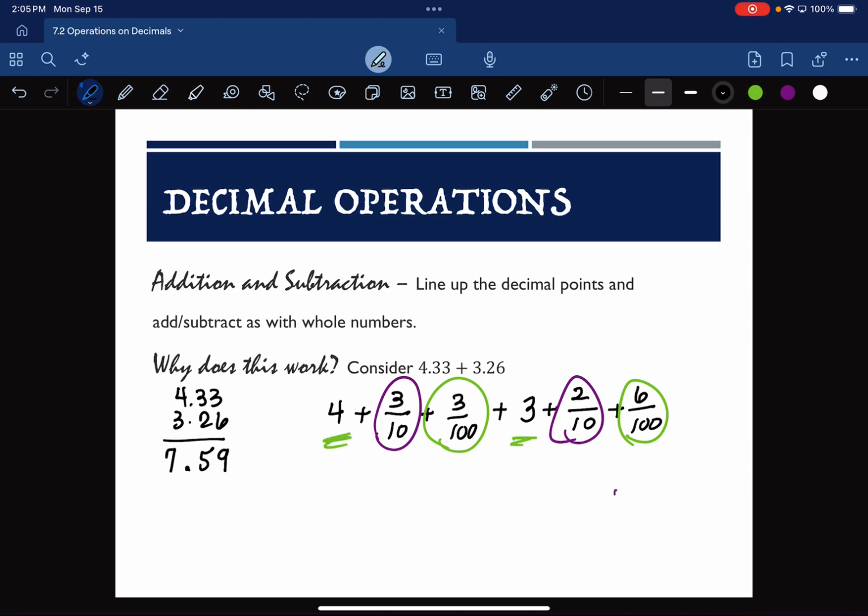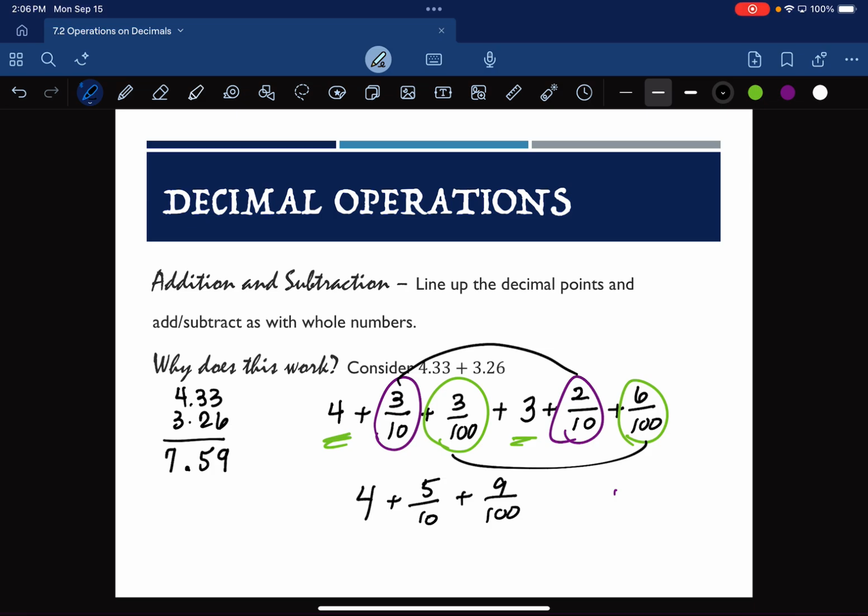These numbers don't have any carrying or borrowing, so we don't have to worry about that. The 4 plus 3 is the 7. These two that I've circled in purple, I have 3 tenths and 2 tenths, so that's 5 tenths. And the ones circled in green, the 3 and the 6, is 9 hundredths.